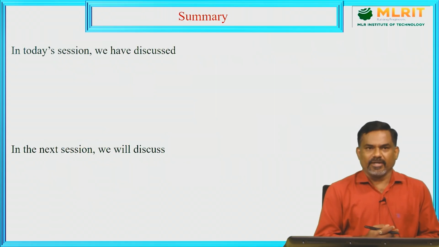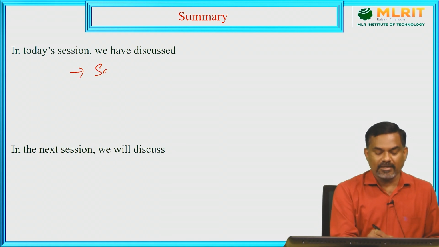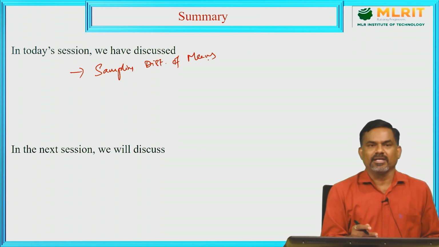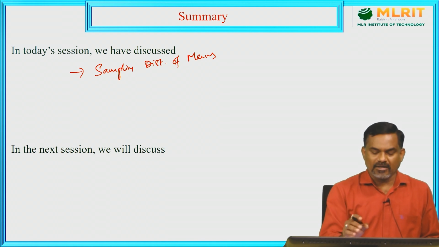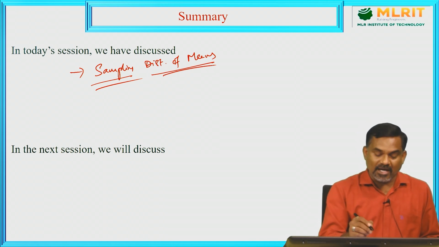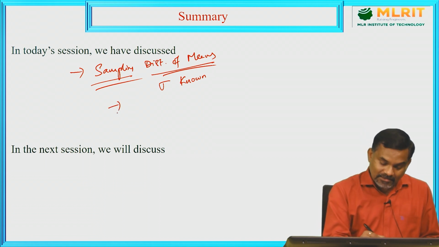So coming to the summary, in today's session we have discussed a particular case of sampling distribution of means. There are different types of sampling distributions, like sampling distribution of means, variances, proportions, standard deviations, and so on. And today we discussed the sampling distribution of means. In that particular case, when sigma is known, that means the standard deviation of the population is given, then again there are two different cases.